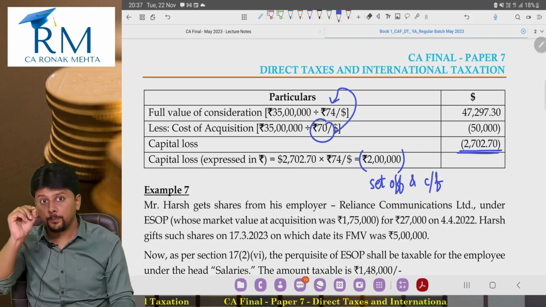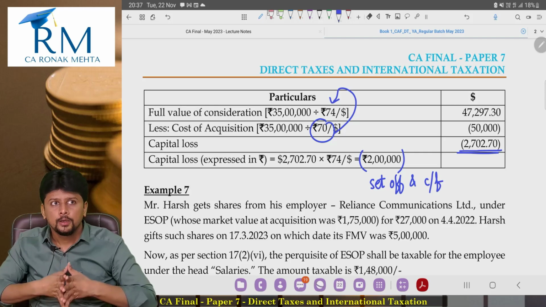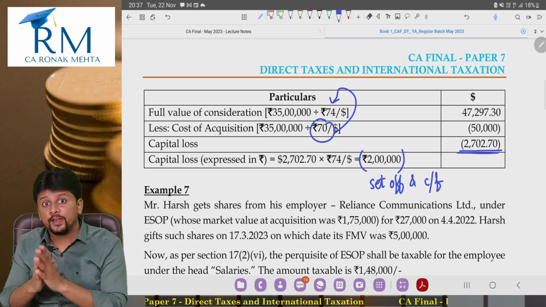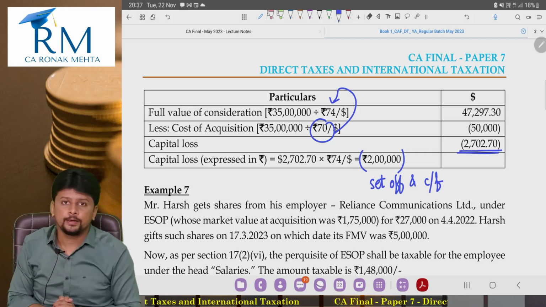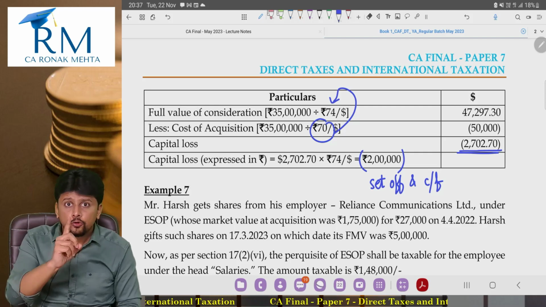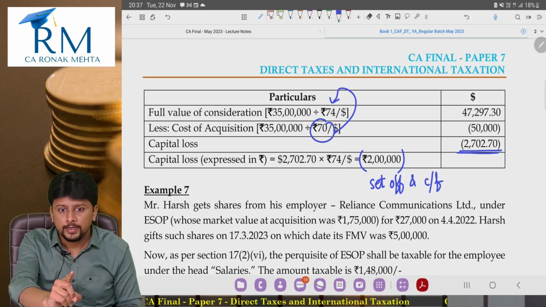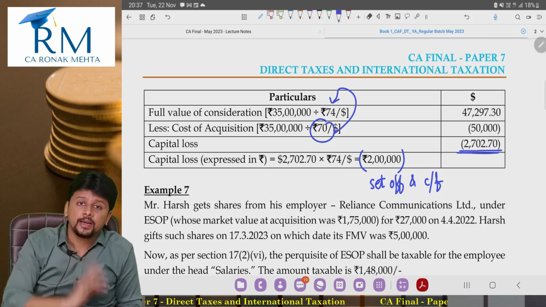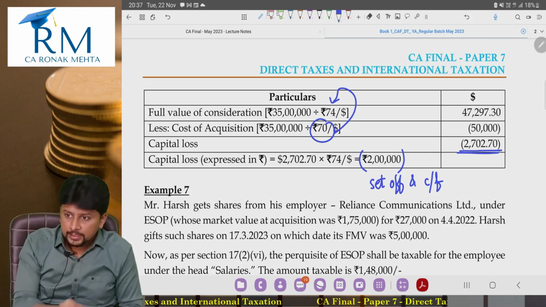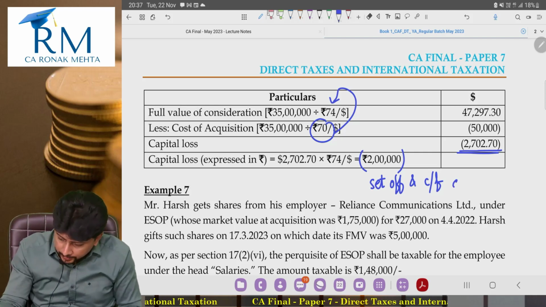You can see how, I won't say prejudiced, but I would say you can see how favorable treatment is given to non-resident. If rupee depreciates, there will be a capital loss calculated. We will allow him to set off and carry forward that loss. Set off and carry forward will be permitted, will be allowed.